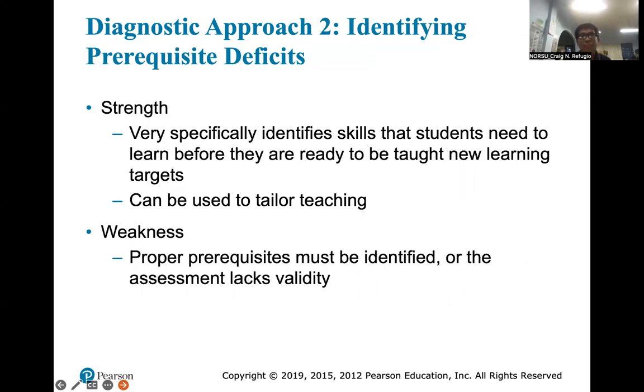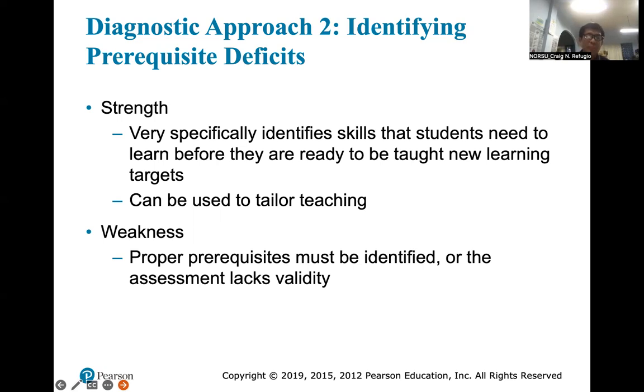Strength: it very specifically identifies skills that students need to learn before they are ready to be taught new learning targets. So with this kind of definition, look first at the strength of our students, and from that strength, we start our teaching-learning process.